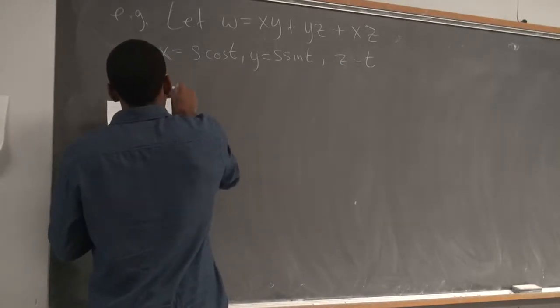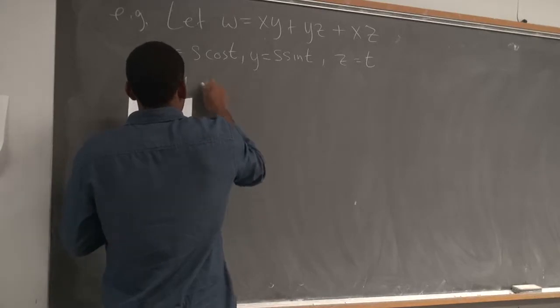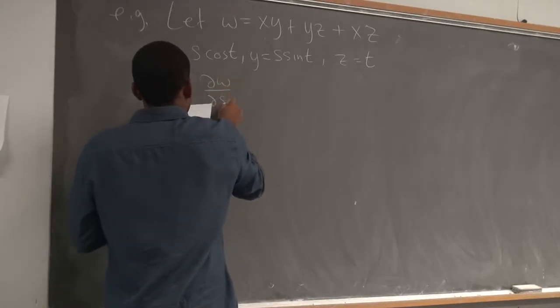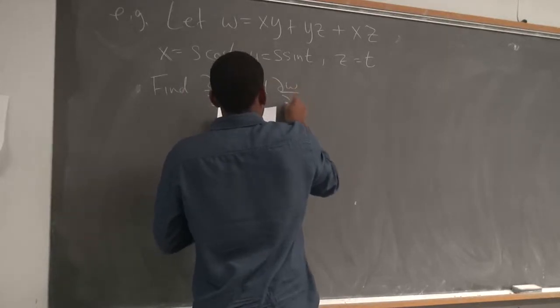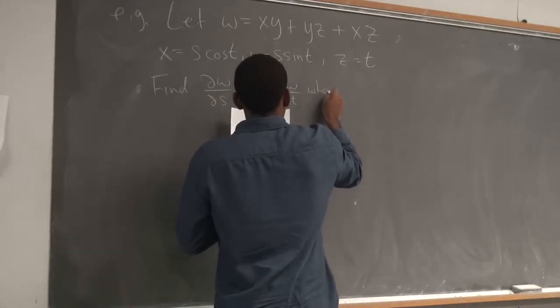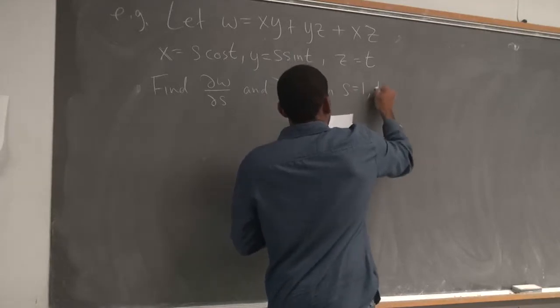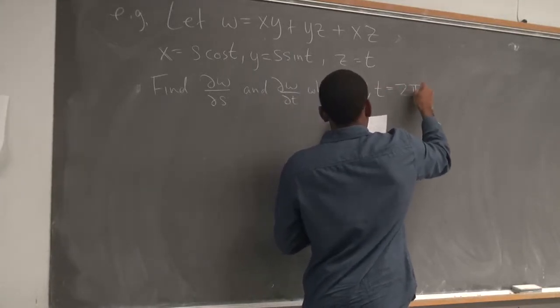Find partial of w with respect to s and partial of w with respect to t when s equals 1, t equals 2 pi.